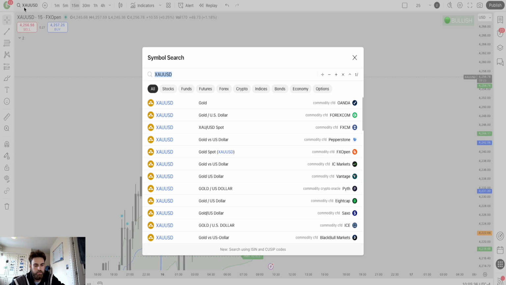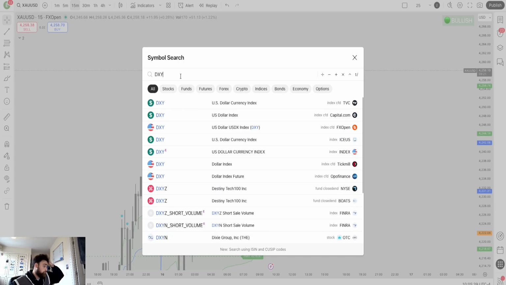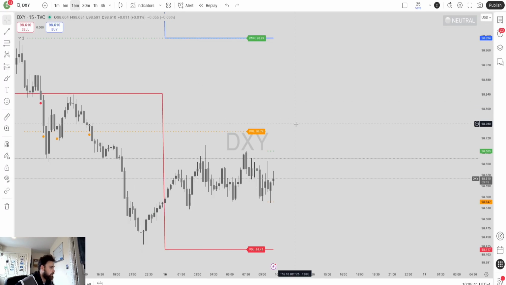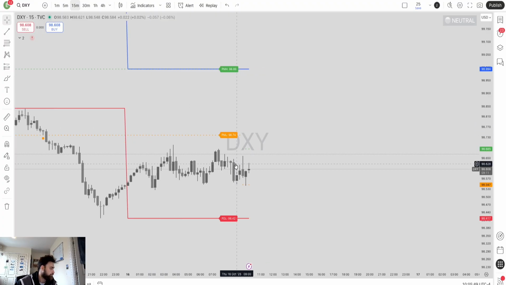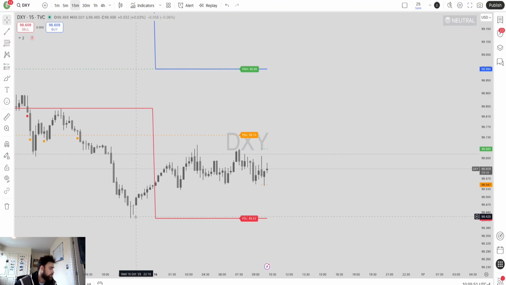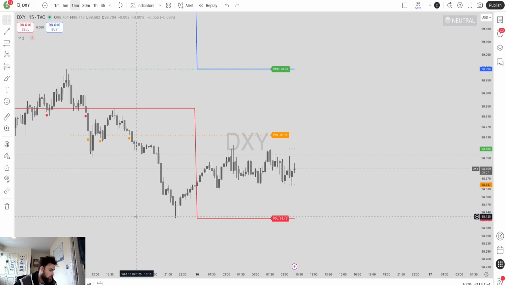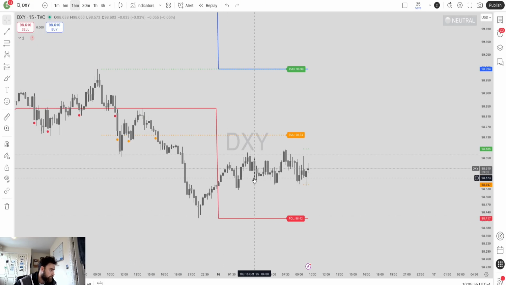Another thing worth checking, especially if you're trading gold, is looking at the US dollar, seeing what's happening there, how price is interacting here, because it will mirror what's going on with gold. So we've seen price touch a previous day low, and now it is consolidating just above, in between the pre-market low and the previous day low.